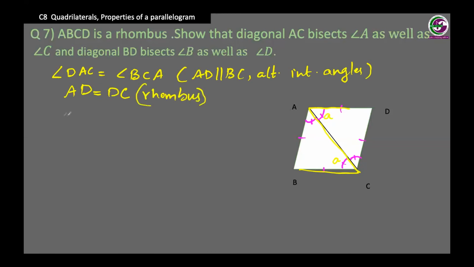Now, from the triangle ADC, it is isosceles now. So we can say that angle DAC is equal to angle DCA. So this will also be equal to A because it is an isosceles triangle.